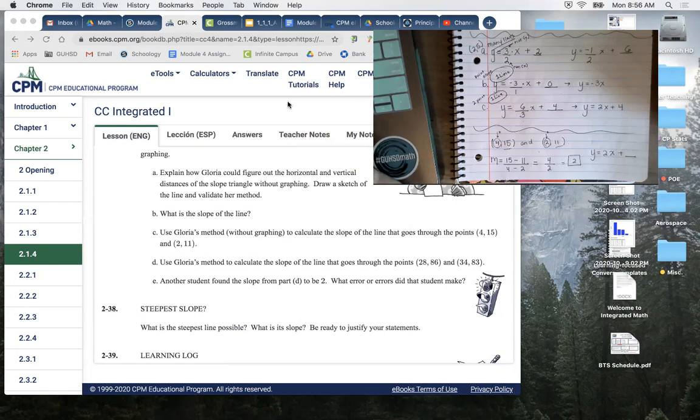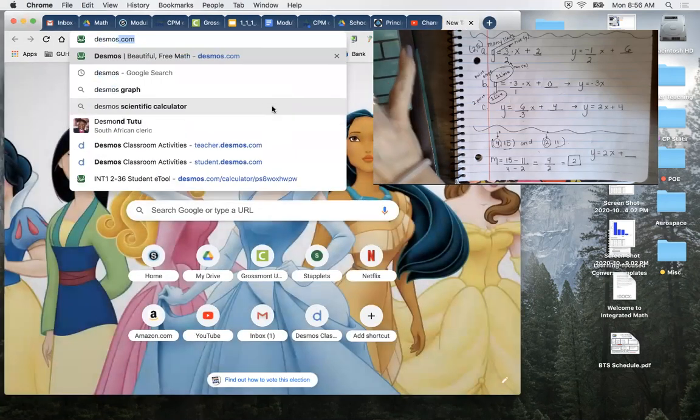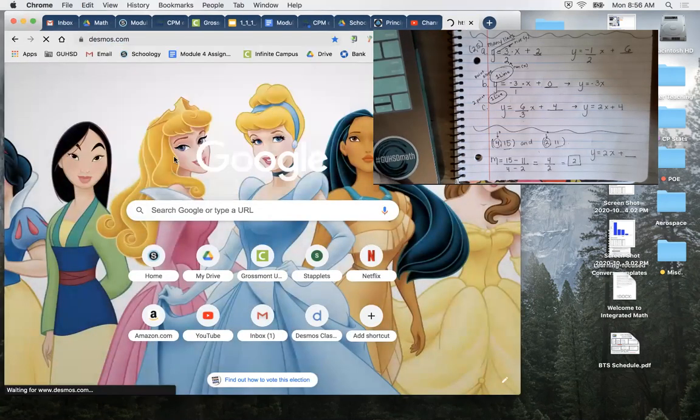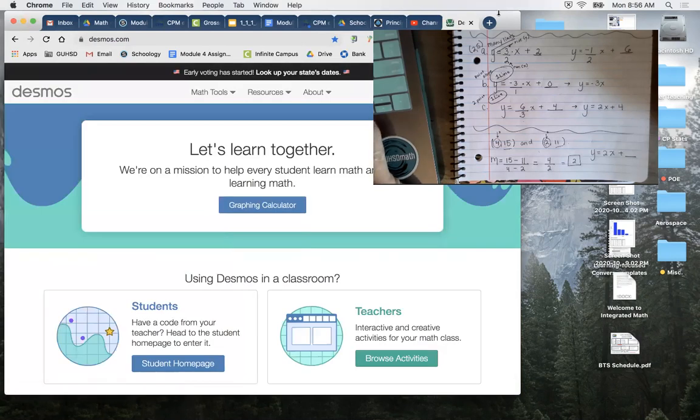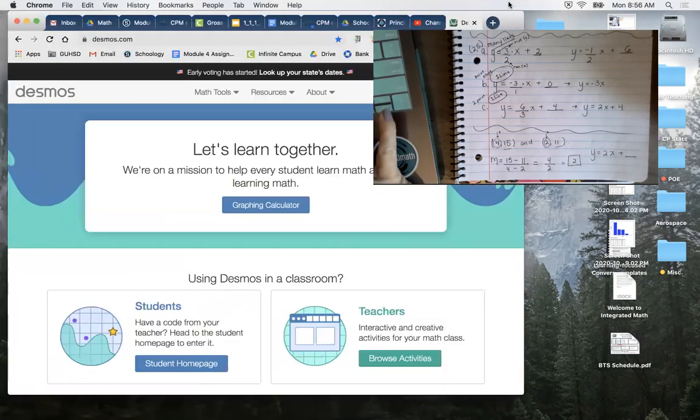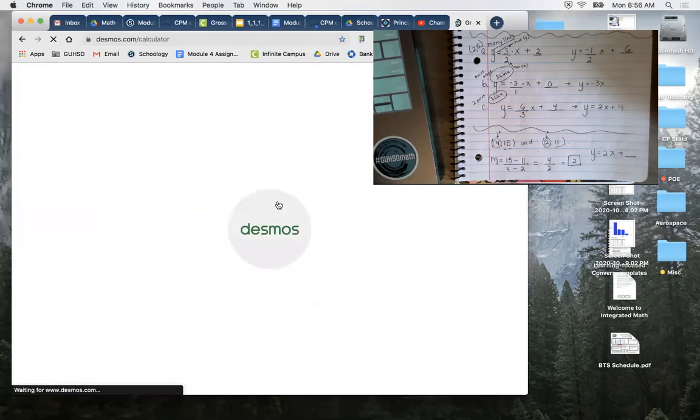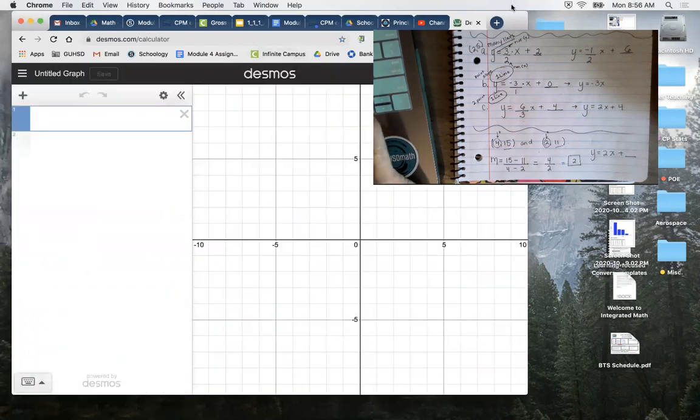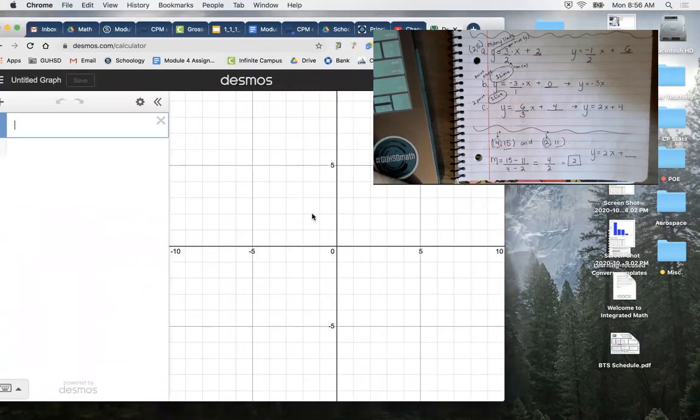Okay, I'm going to stop there for just a minute, and I'm actually going to pop Desmos open. If I go to desmos.com, and I believe I have to sign in. Nope, it's already signed in for me. So I'm going to go to the graphing calculator. I'm going to put in these coordinate points.